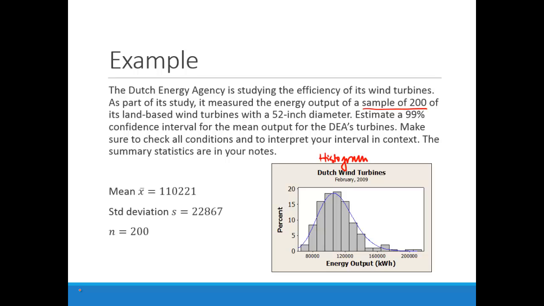If our sample is representative of the population and I take more samples, it should keep looking like that. Maybe each bar will just get higher. My counts will go up, but it should still look like the population distribution, the skewed kind of thing.